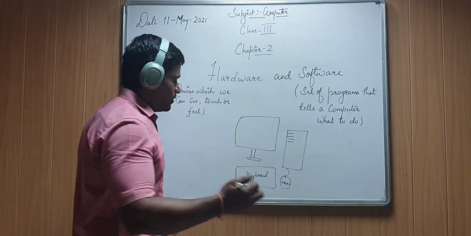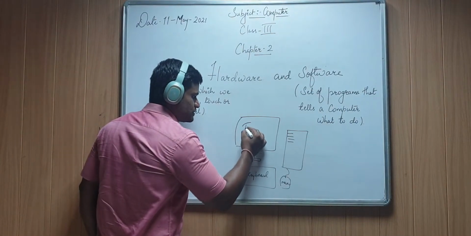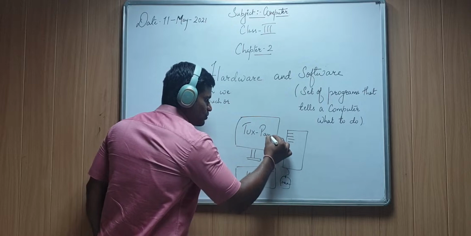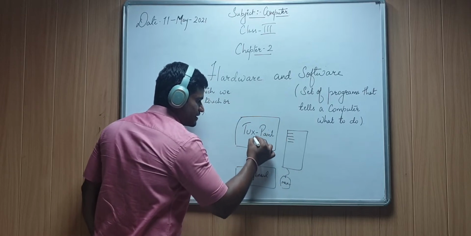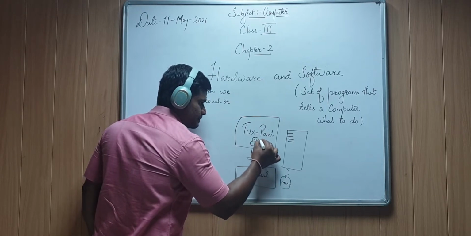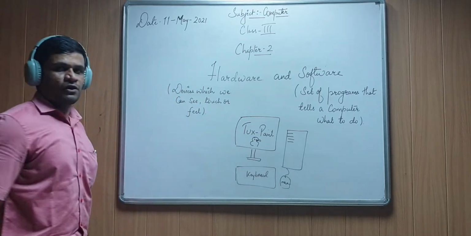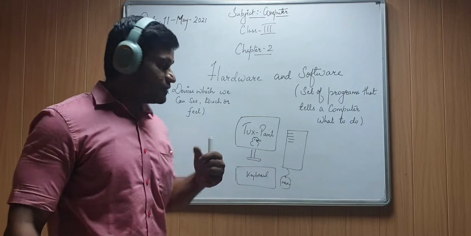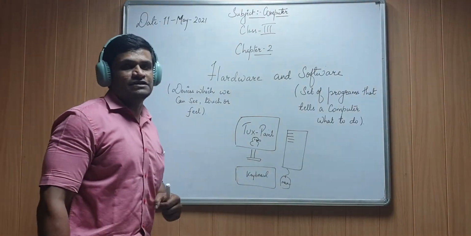Let's say you are using the program TuxPaint with a penguin-like structure on it. So this is your computer system on which we are working, which is basically known as a desktop.